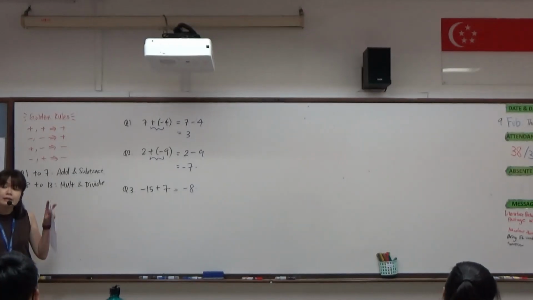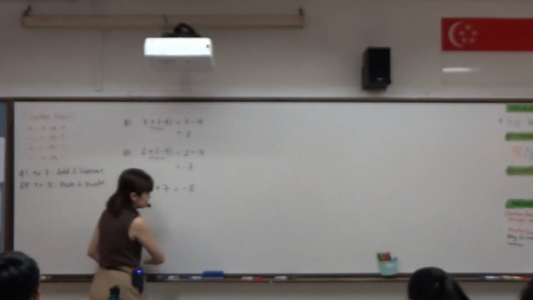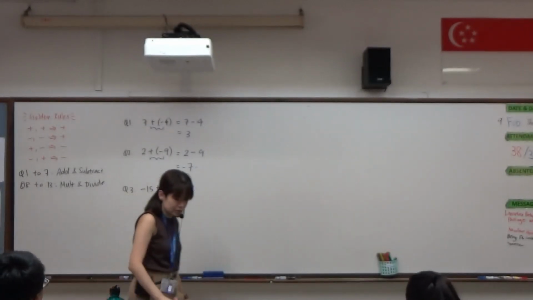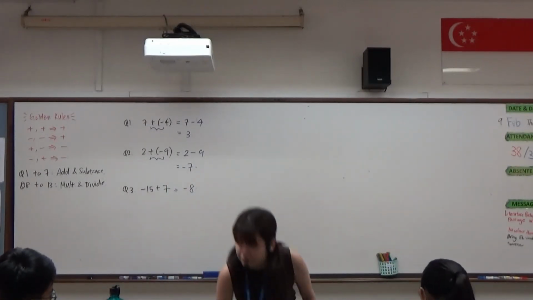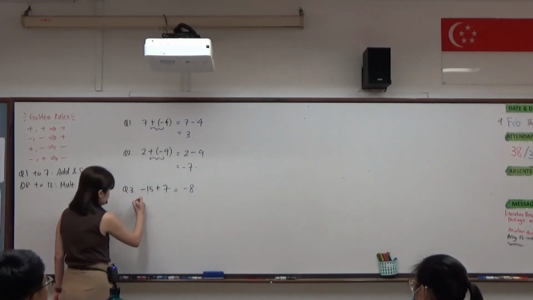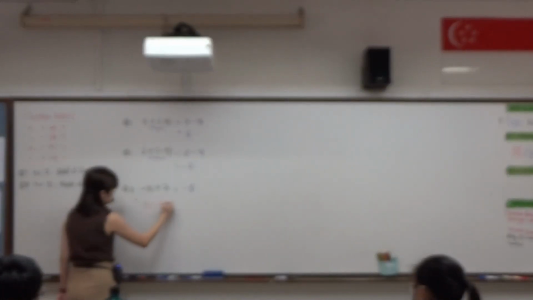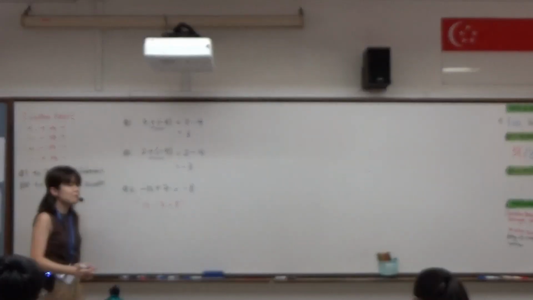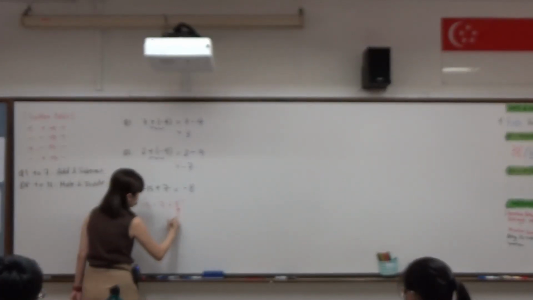So the thinking process behind it is that you would likely think about 15 minus 7, and that will be equals to 8, to find out how much you still owe.